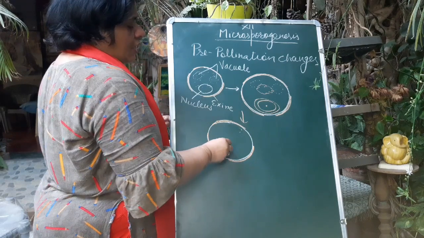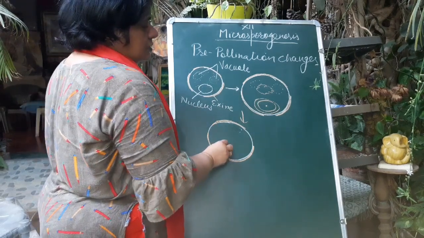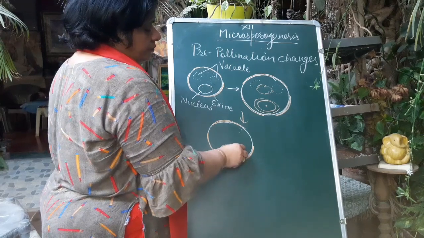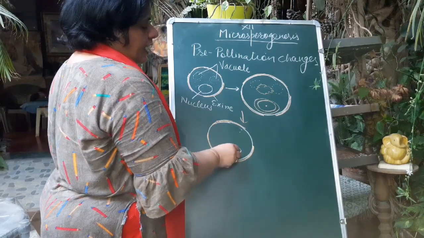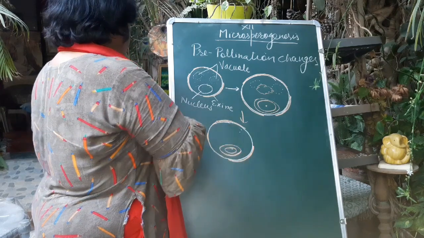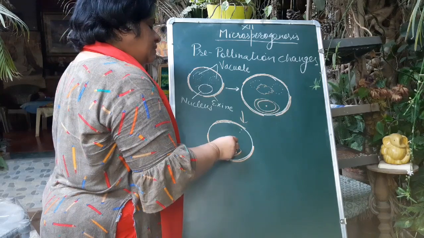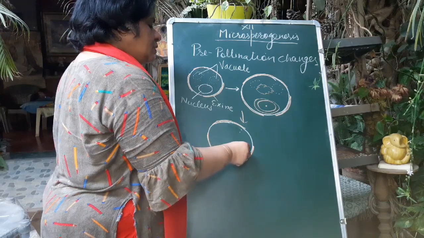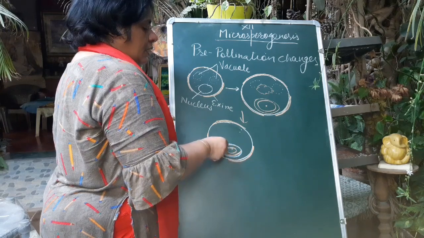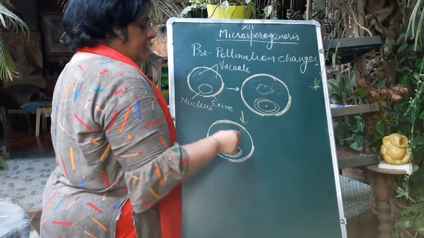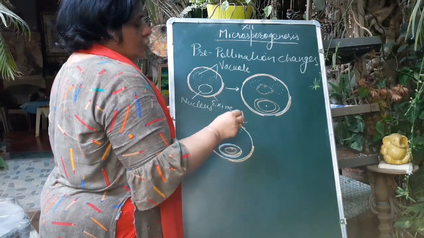Now there is development of a callose plug. This is the cell that is called generative cell having a large nucleus. A callose plug is developed so that this cell becomes free from the large cell of pollen grain, which is called tube cell.